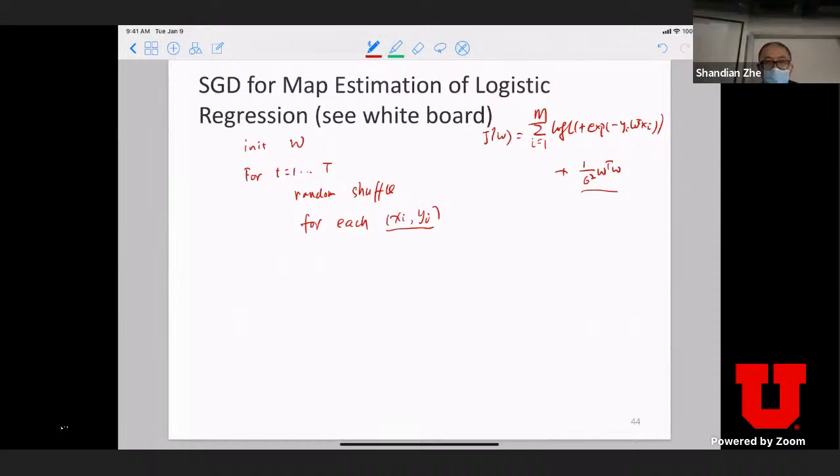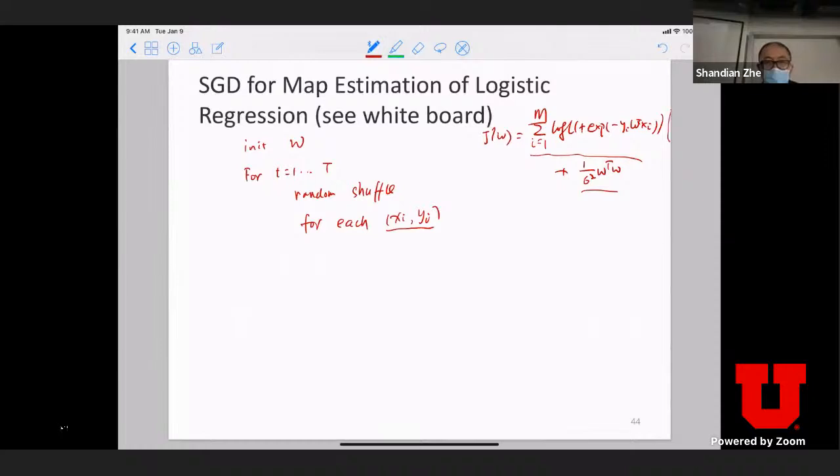Why? Because we have an extra term. You have to ensure your stochastic estimate of the loss matches the scale of the exact loss here.